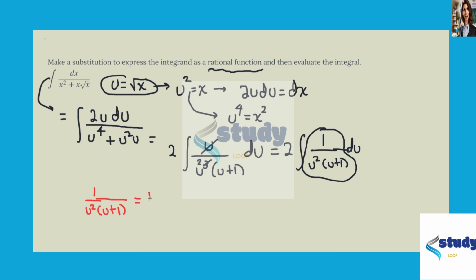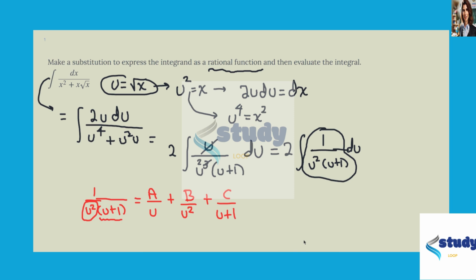That should be of the form a over u, b over u squared. So this is what the author calls case 2. For the first term, that's a u squared, a repeated linear factor, u. And then we have a case 1. This is a non-repeated linear factor, so we just get c over u plus 1.